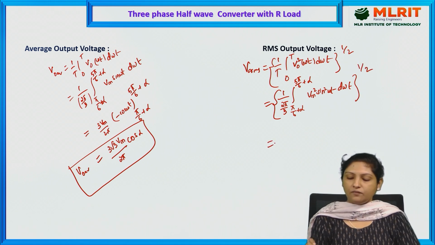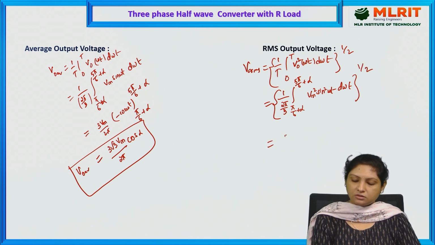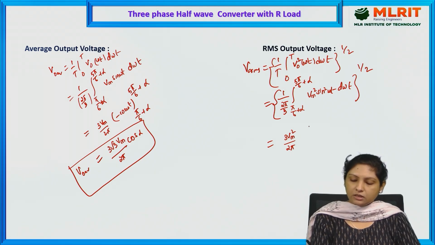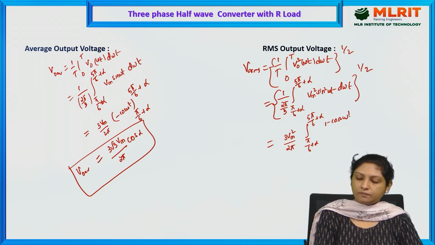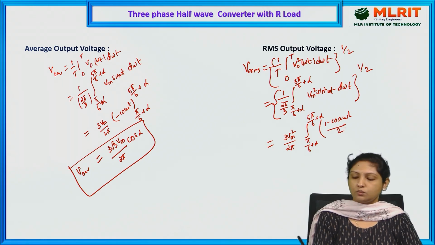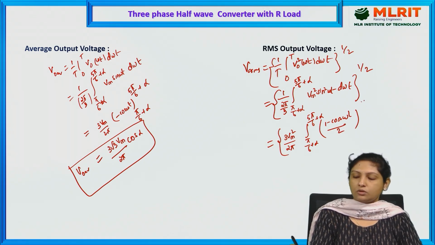And if we resolve this expression, 3 Vm square by 2 pi, and in order to integrate, we need to write sin square in terms of cos, that is 1 minus cos 2 omega t by 2, whole to the power of 1 by 2.